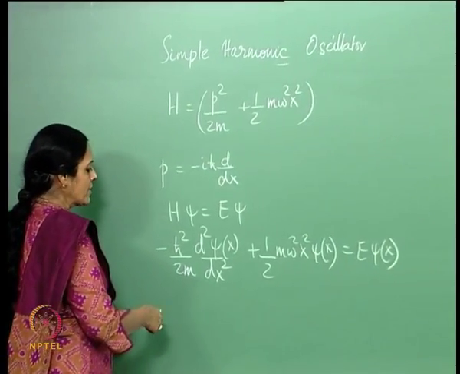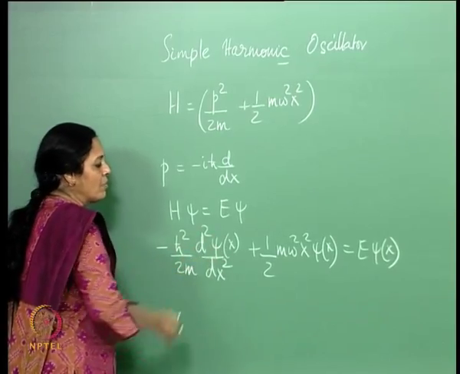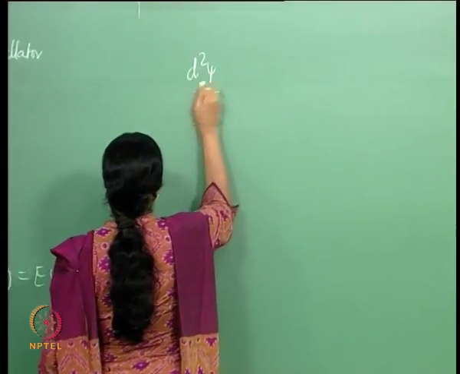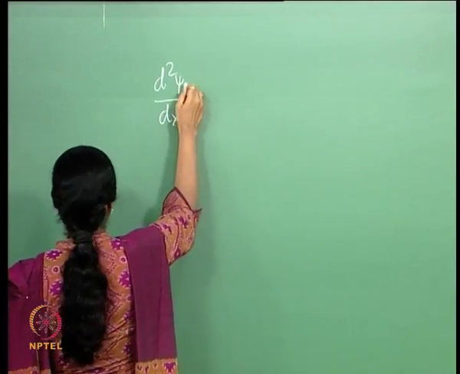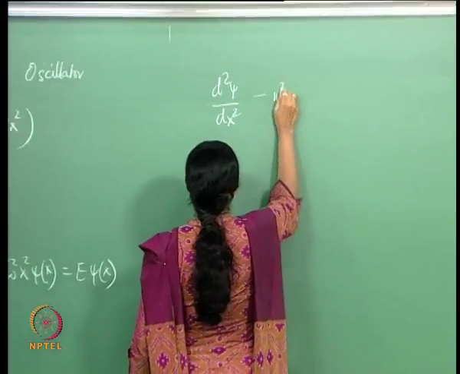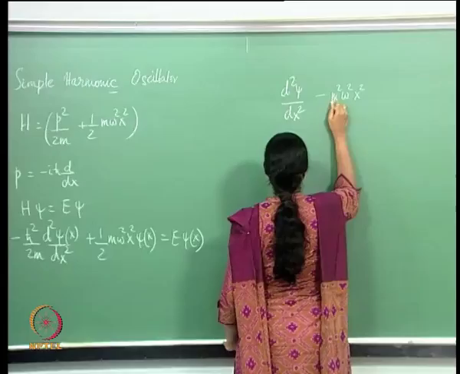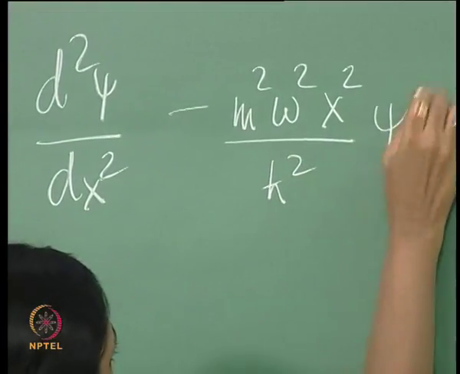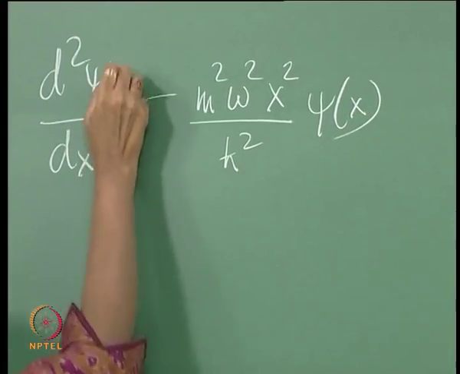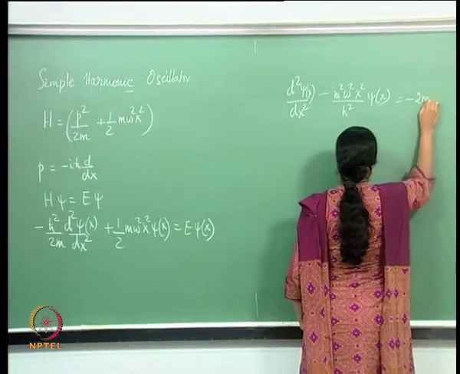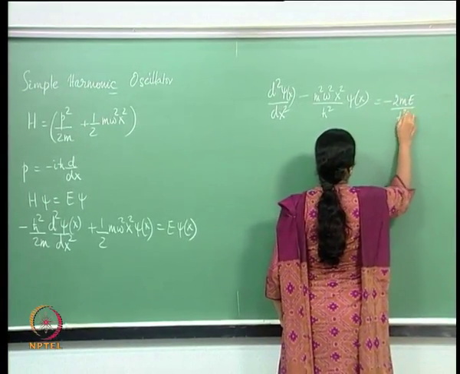So we got to a point where I wanted to write this in a more convenient form, and therefore we had d2 psi by dx squared, if I suppress the index x, minus m squared omega squared x squared by h cross squared psi of x is minus 2mE by h cross squared psi of x.